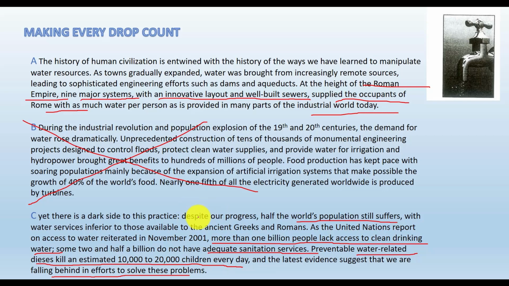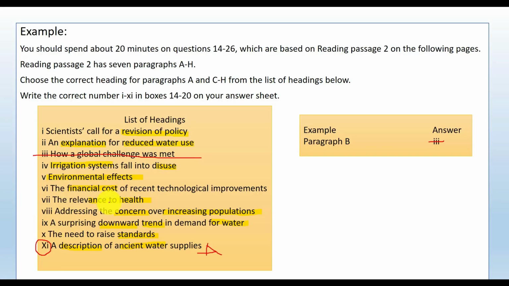I just read this paragraph a lot because it is a tutorial session. You just need to read with your eyes, okay? There are some things that have been mentioned in this passage. Number one, more than 1 billion people lack access to clean drinking water, do not have adequate sanitation services, and water-related disease. Let's go back and look at our options.